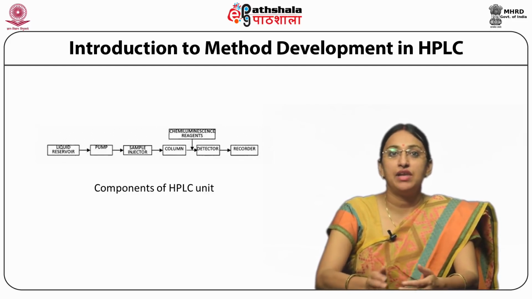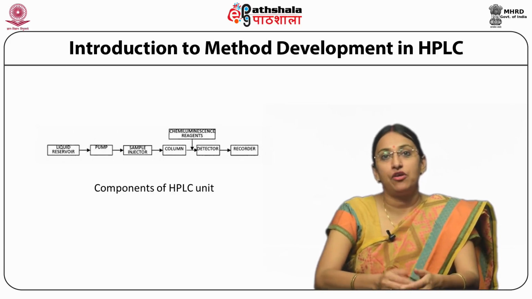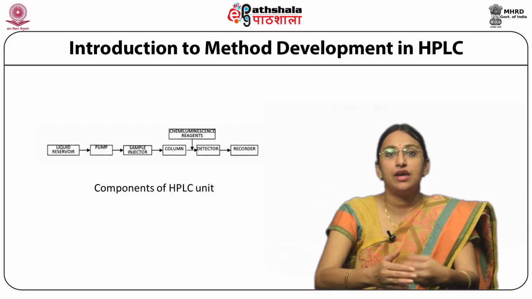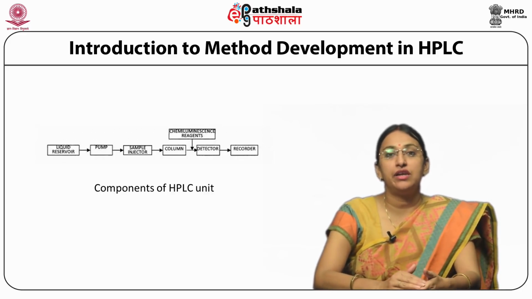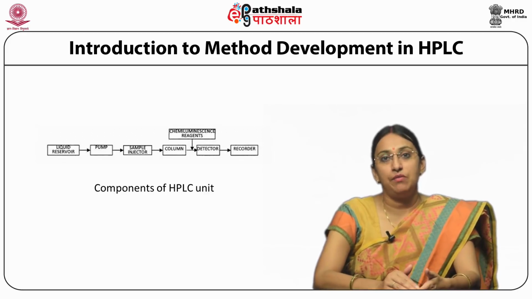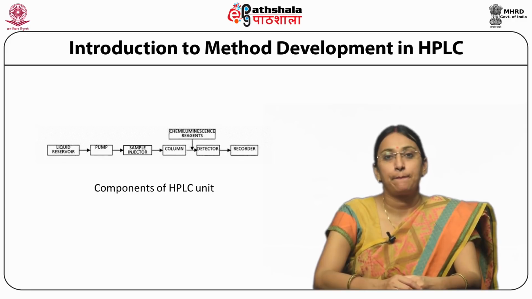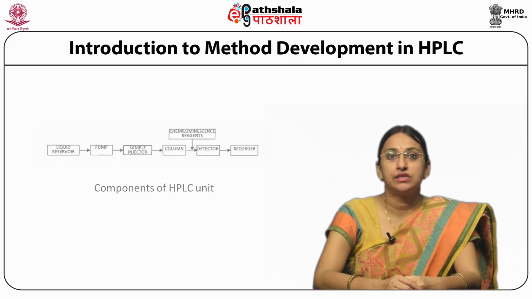Once a stabilized method is developed, the formulated drug product can then be subjected to heat and light in order to evaluate the potential degradation of the API in the presence of formulation. These are the components of the HPLC unit.